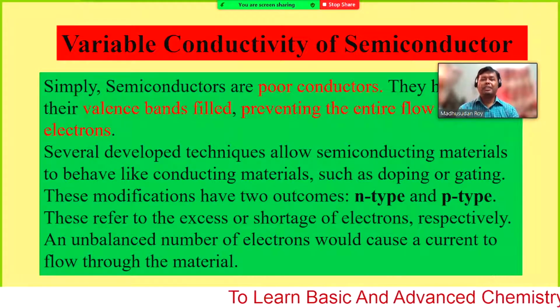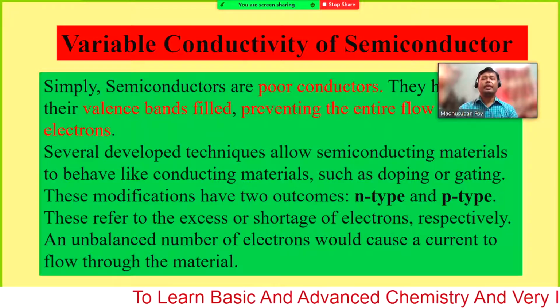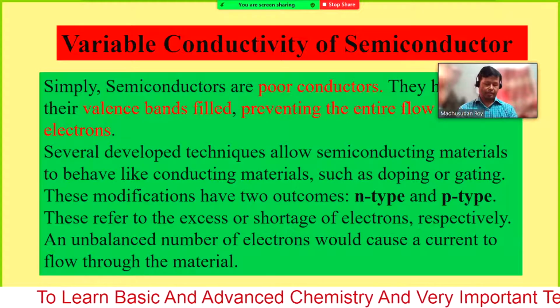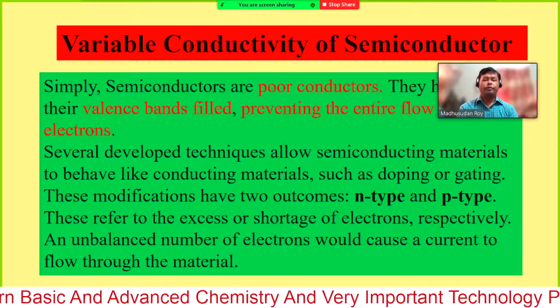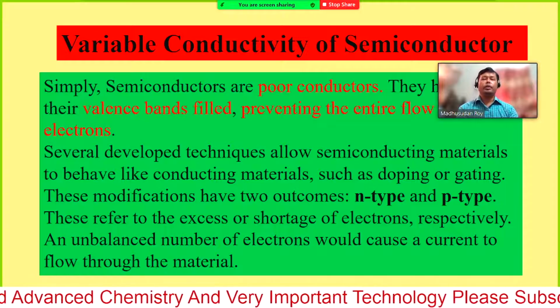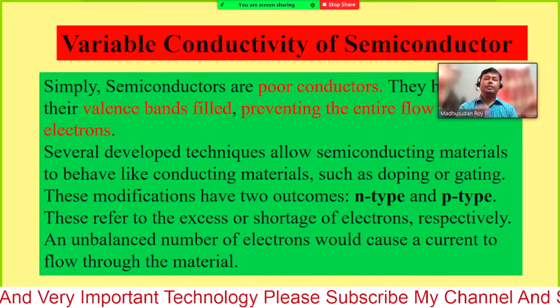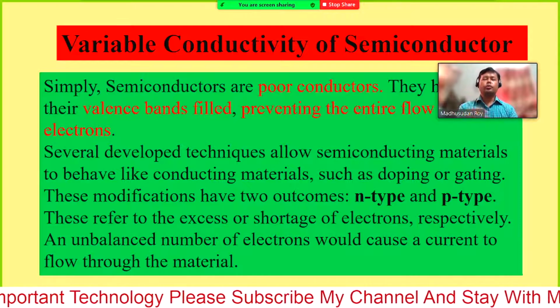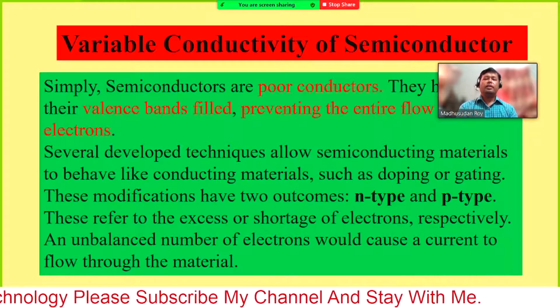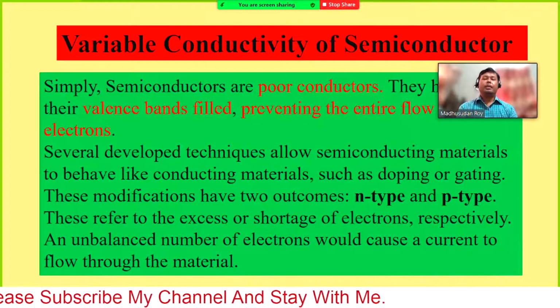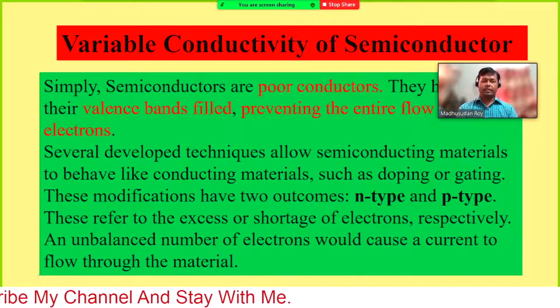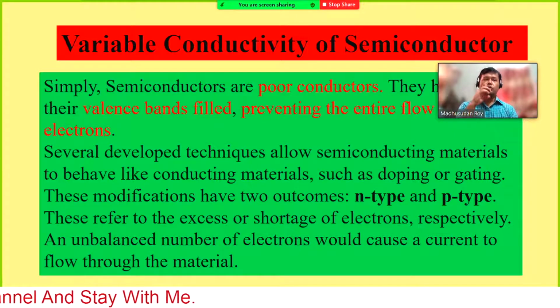An unbalanced number of electrons would cause a current to flow through the material. So if you have some free electron or some shortage of electron, then you can easily take one electron from another. Therefore, in that way the semiconductor can transfer electricity through it if it is doped with a certain element, either N type or P type material.